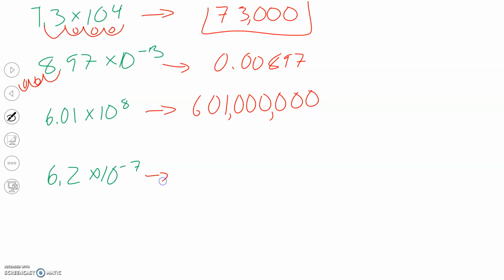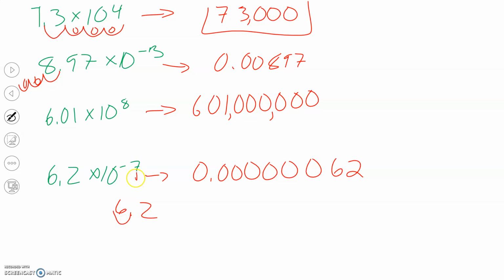And now this last one, 1, 2, 3, 4, 5, 6, and 1 more. So 7, and then 2. One thing I want to point out with this last one, just to show you what I did there. I always know if it's a negative exponent moving to the left and it's already written in correct scientific notation, you've got to move it at least once to get past that first digit, and then all of the rest are zeros.